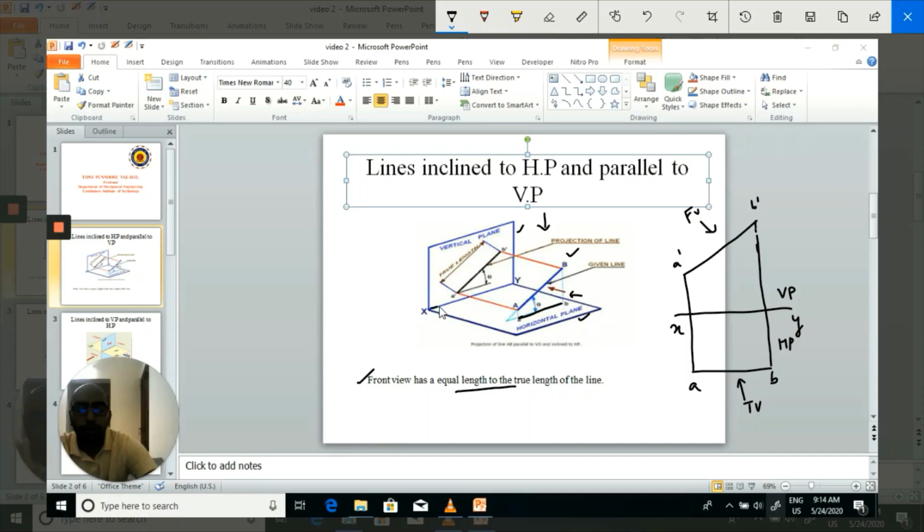Then this will be your theta, which is known as the angle of inclination.